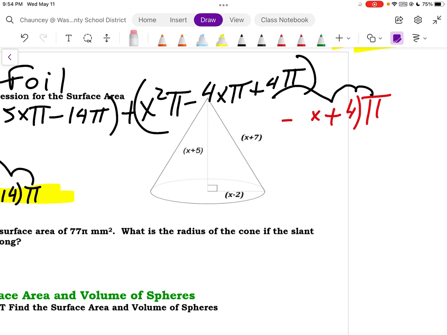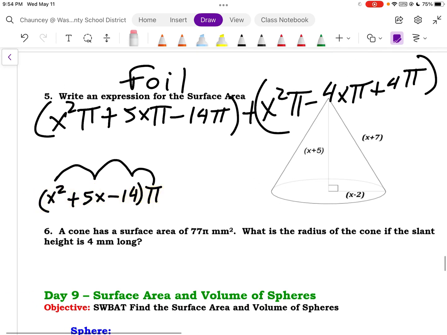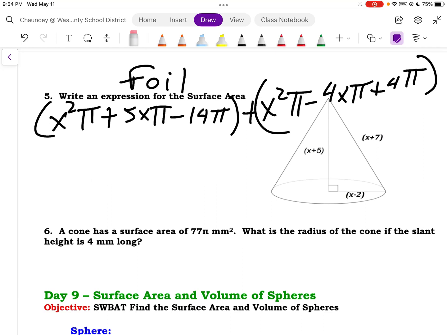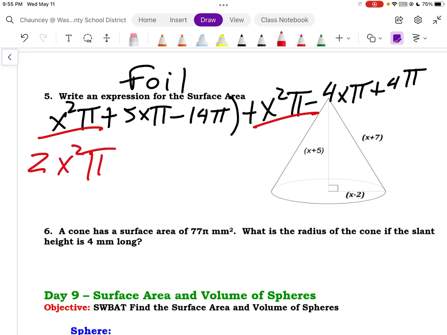So let me get rid of this. Okay, now all it becomes is that the parentheses are sort of redundant, so we could drop those. And it's combining of like terms now. So you got x squared pi, x squared pi. If we put those together, you get 2x squared pi.